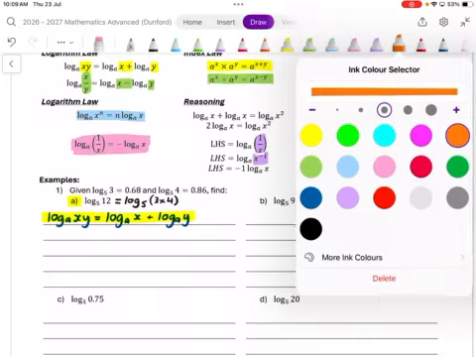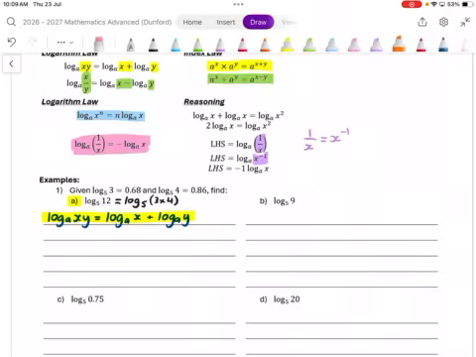So we have that log base 5 of 12 will equal our log base 5 of 3 plus log base 5 of 4. Oh, sorry, the A's are meant to be 5s. My bad. Sorry.